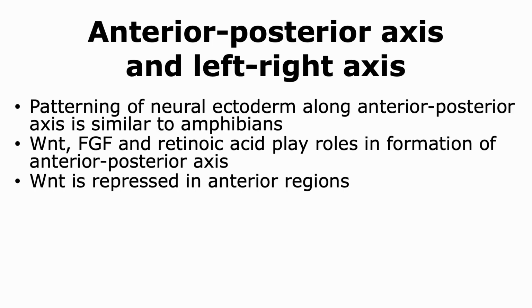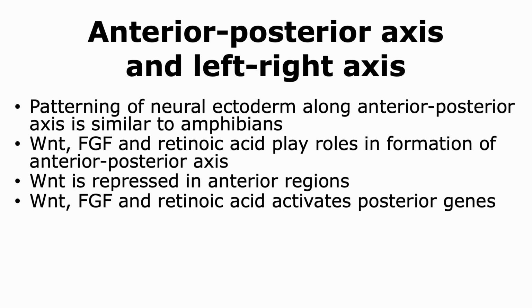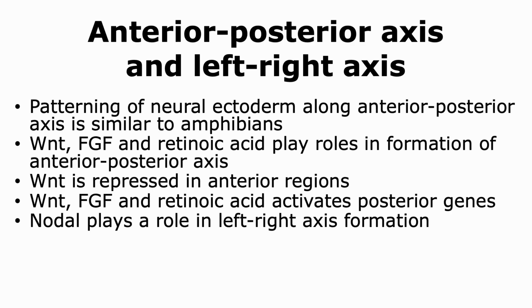Similar to amphibians, Wnt is repressed in the anterior regions. However, Wnt, FGF, and retinoic acid are able to activate the posterior genes and hence help in the formation of the anterior-posterior axis.